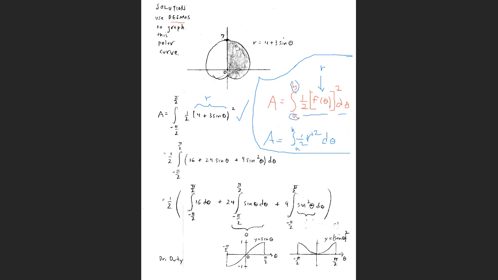And how am I getting these angles? My starting angle is negative pi over 2, or negative 90 degrees, and my ending angle is pi over 2, or 90 degrees. Well, the way you can get those angles, it's not hard.